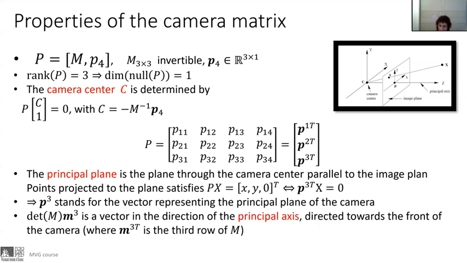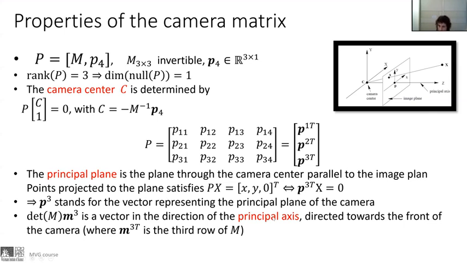In addition, if you remember, we spoke about the rotation matrix, and that the rows of the rotation matrix are actually the representation of the local coordinate system in the global coordinate system. Therefore, if I'm looking at the Z direction, the third row of the matrix M, which is 3 by 3, is actually the Z direction, or the principal axis.